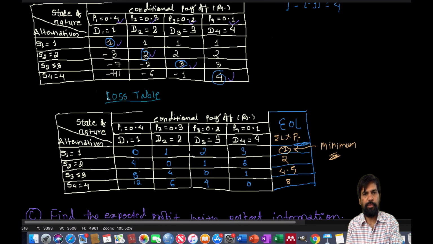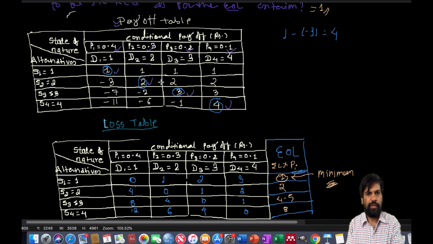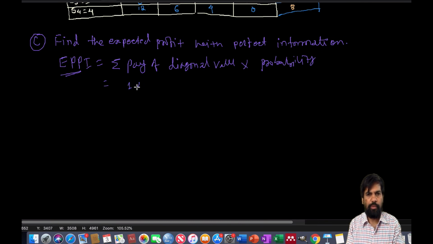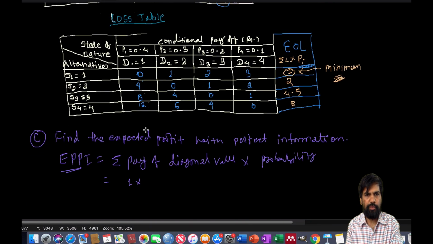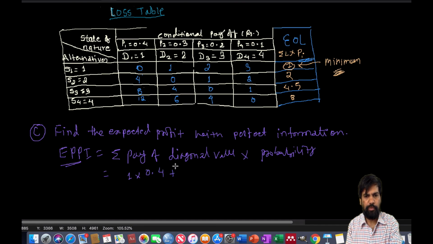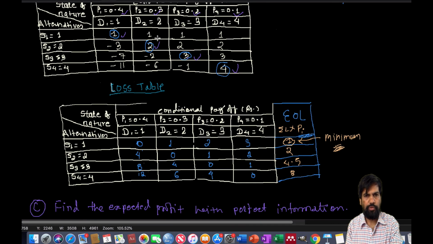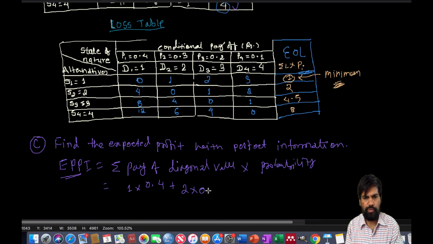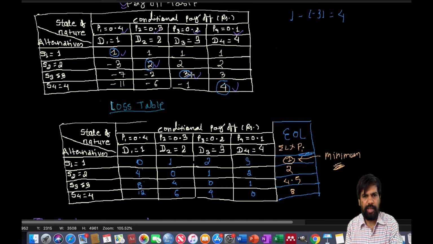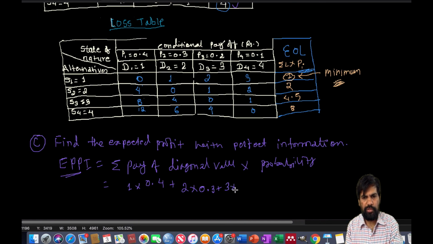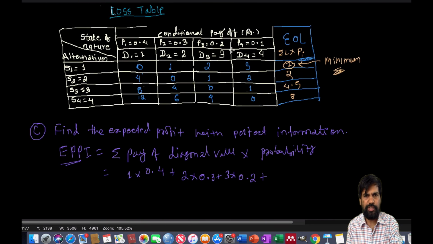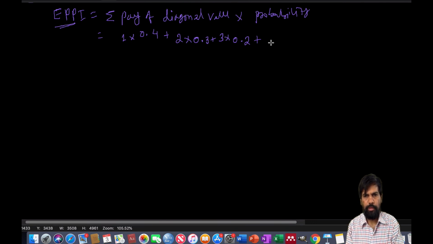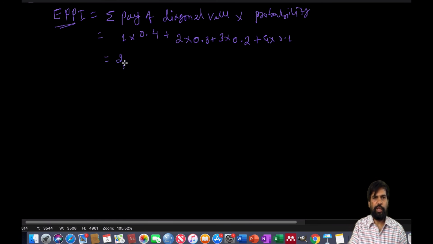The diagonal values from the payoff table are 1, 2, 3, 4, with probabilities 0.4, 0.3, 0.2, 0.1. So 1 into 0.4 plus 2 into 0.3 plus 3 into 0.2 plus 4 into 0.1 is equal to 2. That's why EPPI is equal to 2.